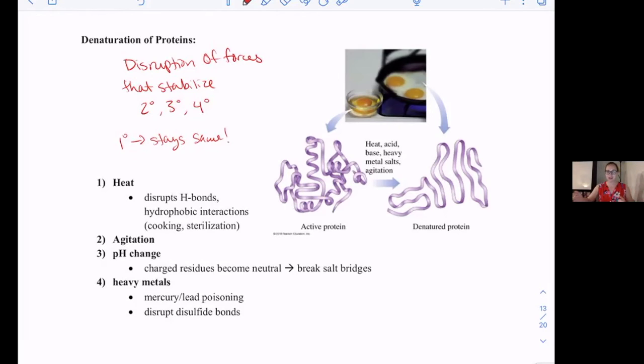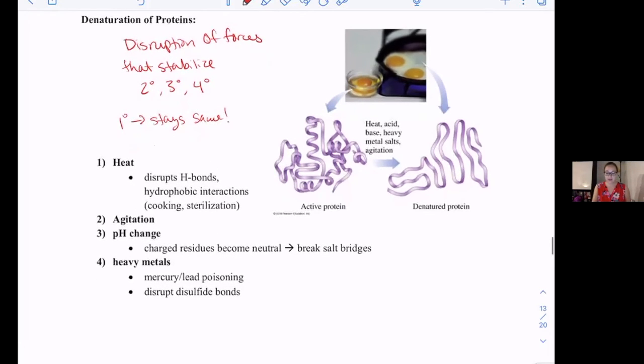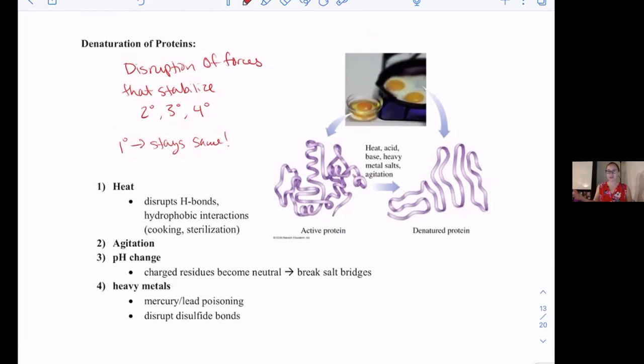You break apart that tertiary or secondary or quaternary structure. One way you can do this is heat. When we cook food, the reason it changes colors or looks different is because we're changing how the proteins fold. With heat, you disrupt the hydrogen bonds and the hydrophobic or hydrophilic interactions.